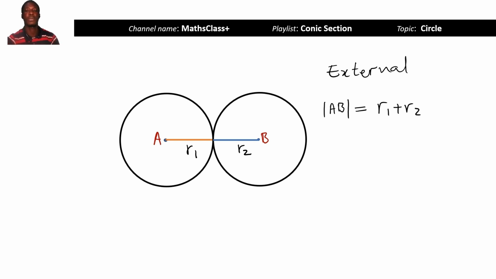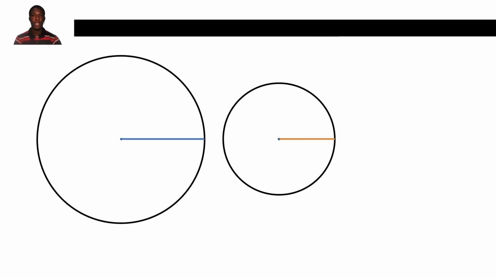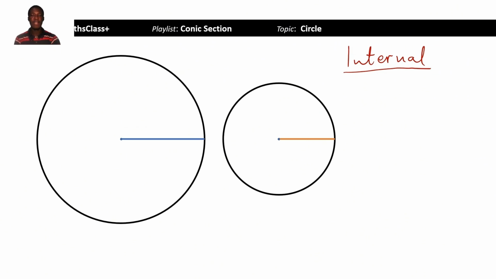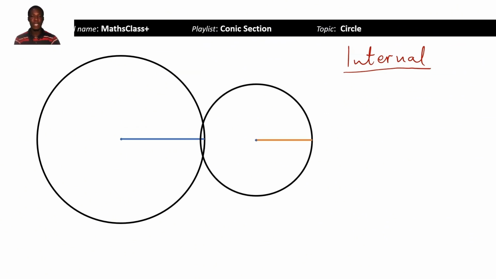So this is the situation. We can also have the internal one, where the circles meet at one point, but this time the meeting is internal.